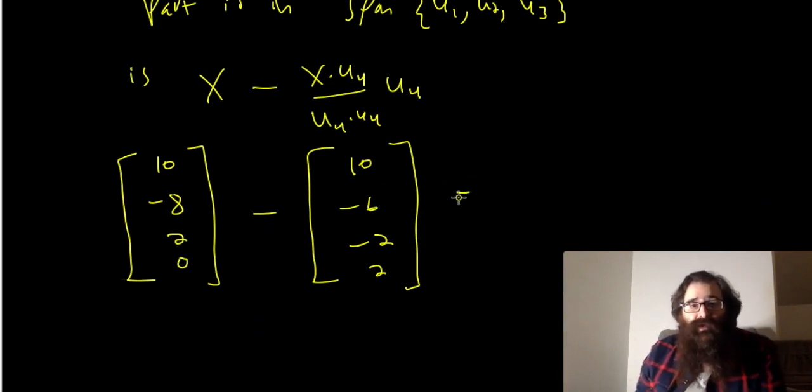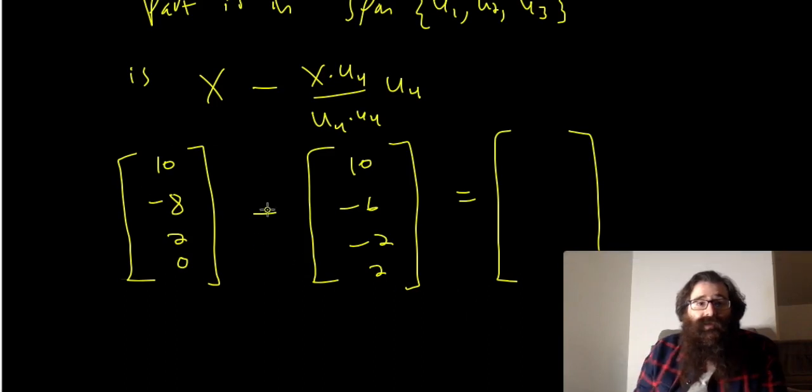Let's do the subtraction. 10 minus 10 gives me 0. Negative 8 minus negative 6, so that's addition. Negative 8 plus 6 gives me negative 2. 2 minus negative 2, so that's 2 plus 2 gives me 4. And then 0 minus 2 gives me negative 2.